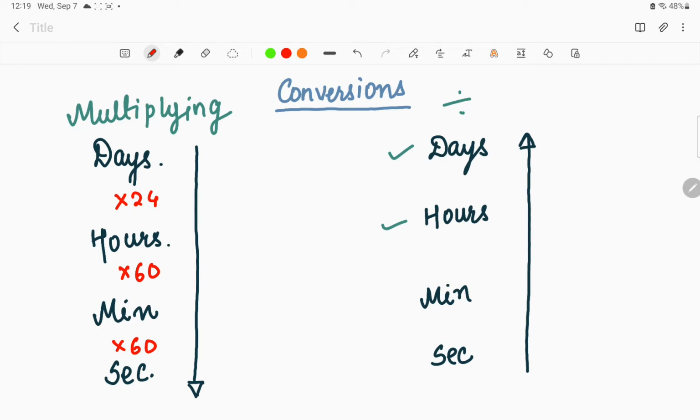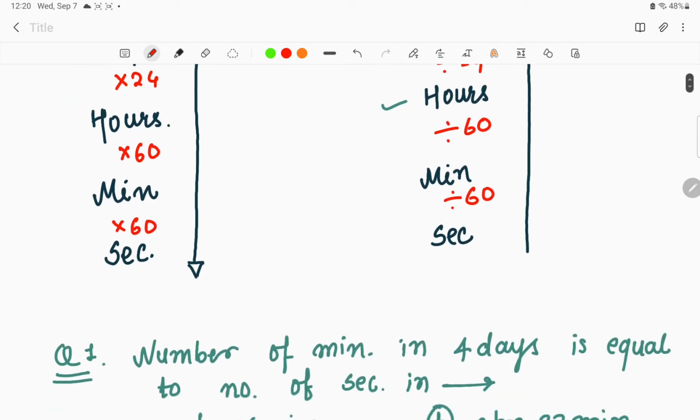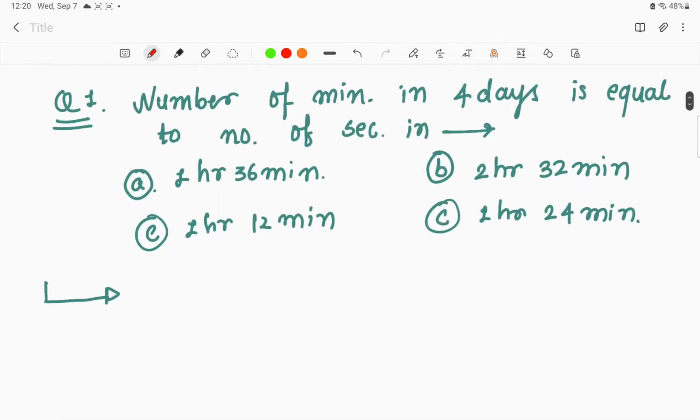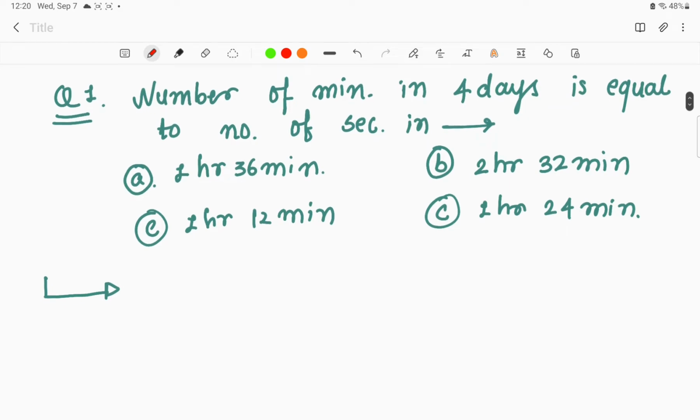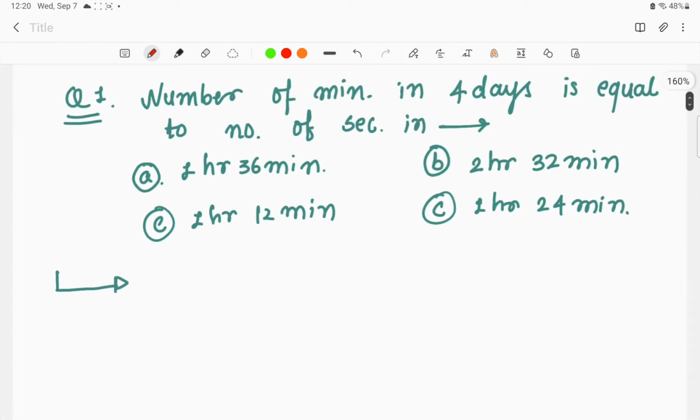The division is opposite to the multiplying step. When we convert seconds into minutes, we divide by 60. Minutes to hours we divide by 60, and hours to days we divide by 24. This is something we have to follow in every question. Now the very first question given over here: the number of minutes in 4 days is equal to the number of seconds in.